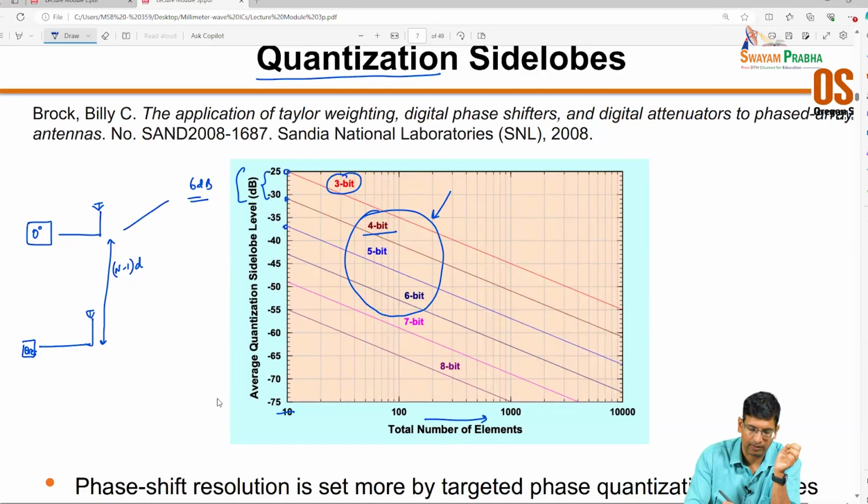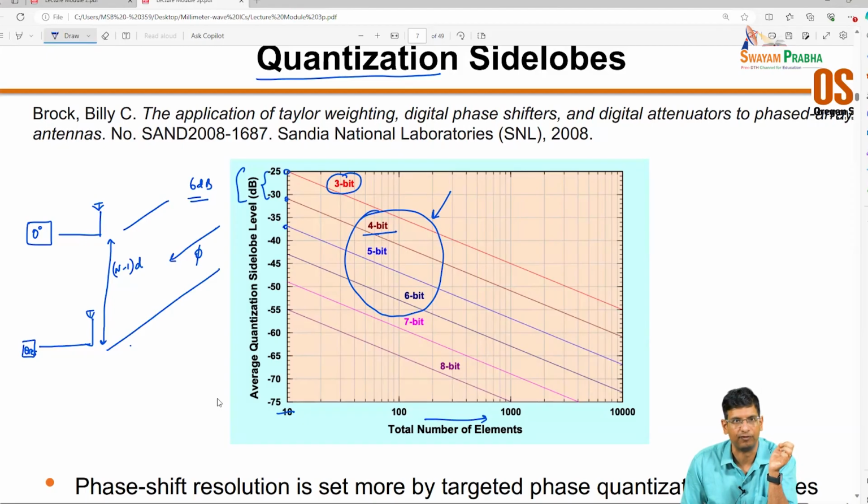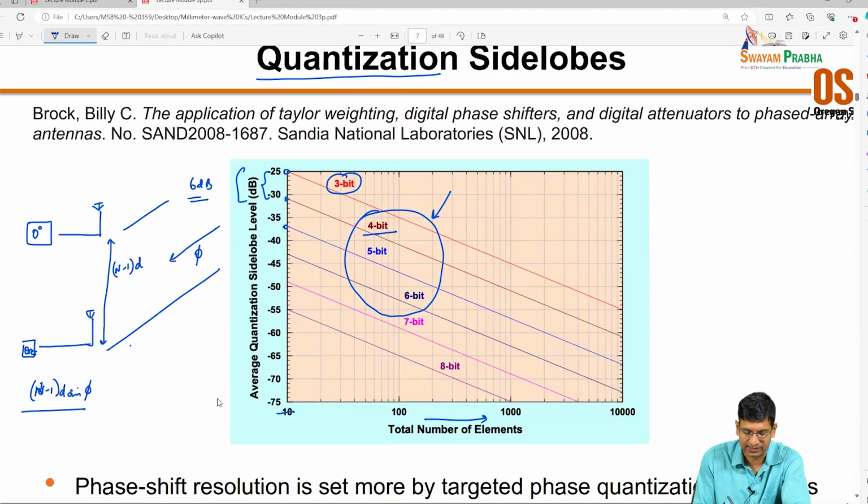So if I think about a particular angle where the signal is coming in from, the theta difference that I get between these, it's n minus 1 times d times sine phi over c, right? That is the time difference, and I have to multiply that by the frequency, right?